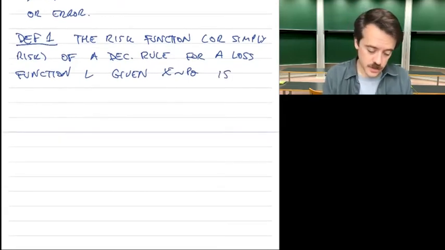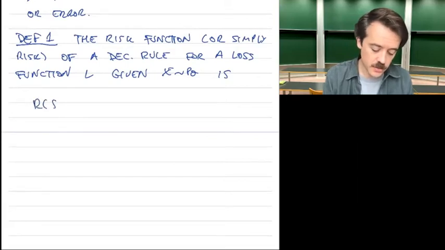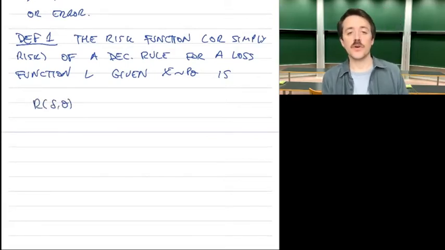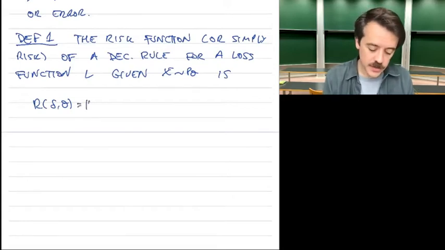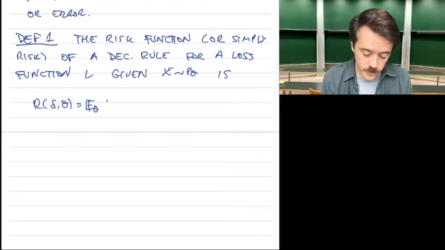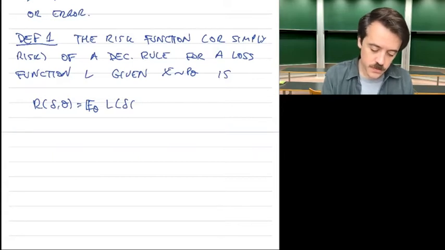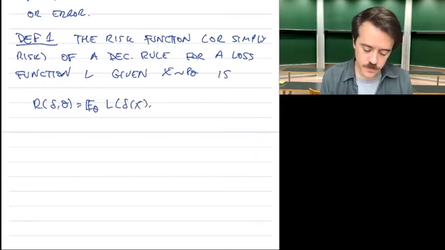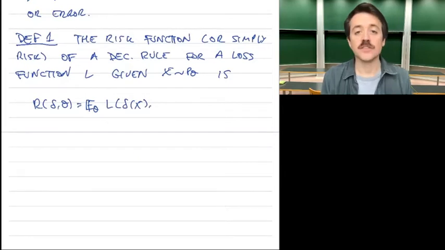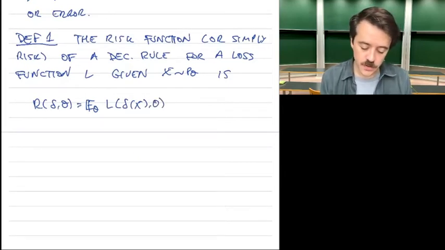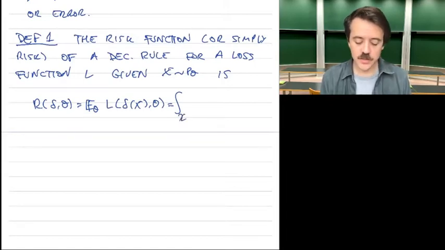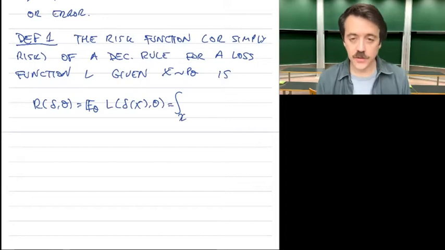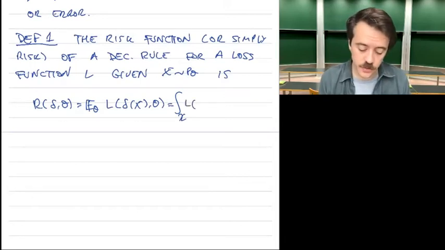So we call it R of delta, and then of course it will depend on theta as well. And this is going to be the expectation under p theta of the loss function of the decision and of the parameter. Okay, so just to write this out in the continuous case, you can write this for the discrete case, and I leave it for you to do so.